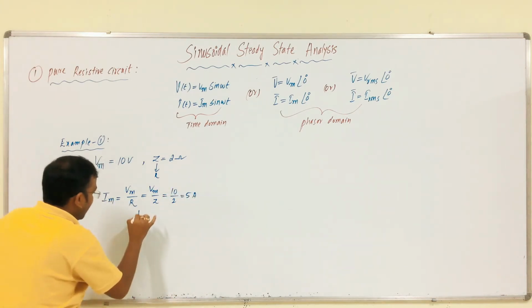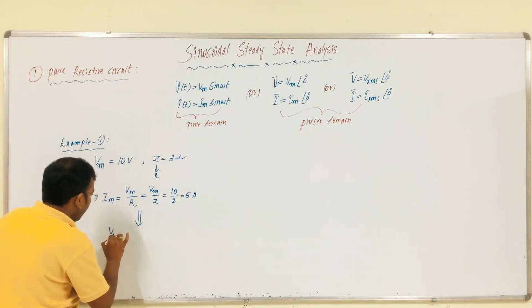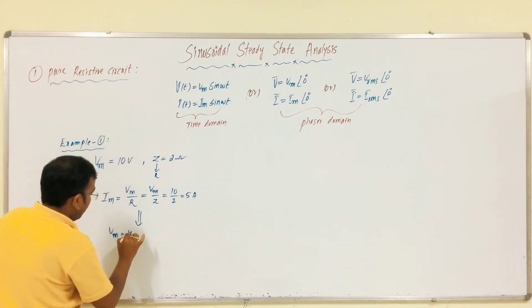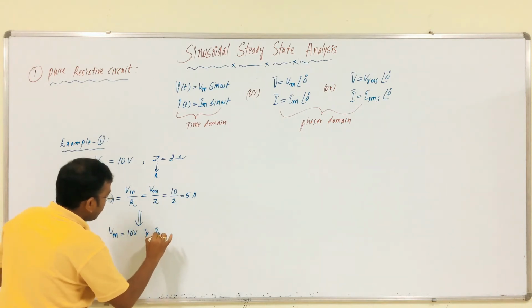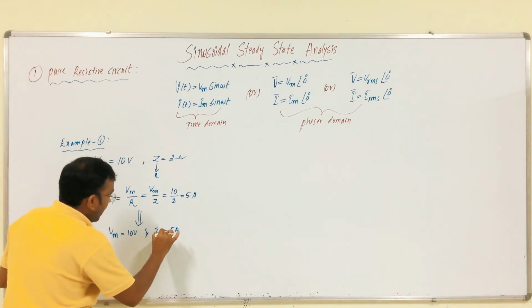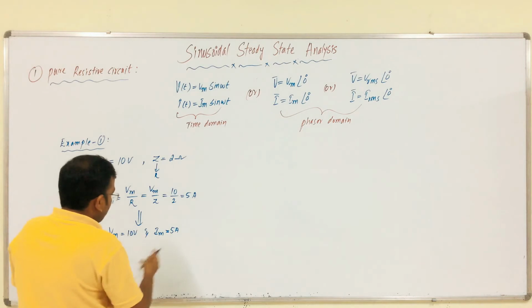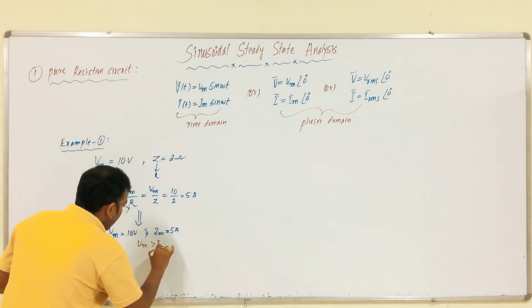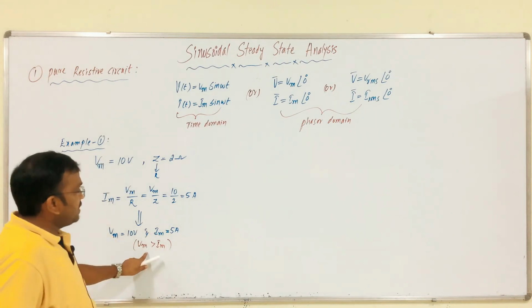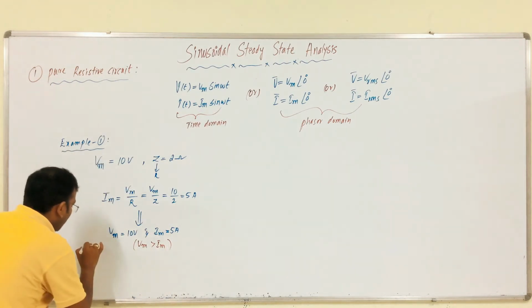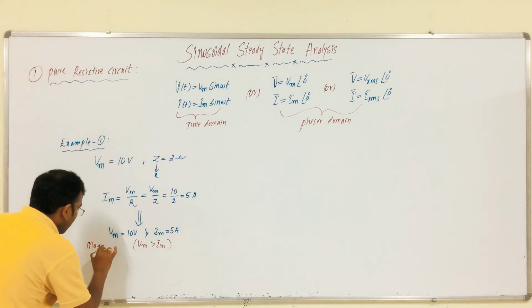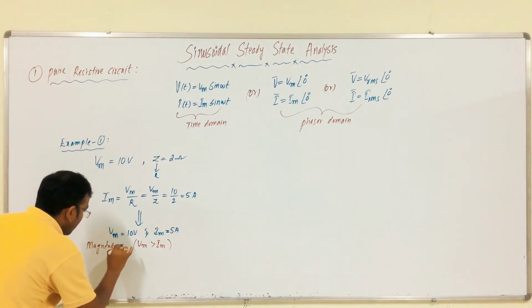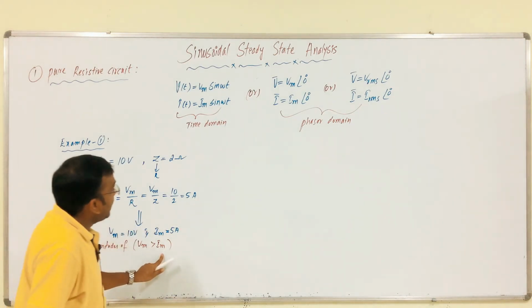So, Vm is 10 volts and Im is 5 amperes. Clear? From this, Vm is more than Im, that is magnitudes.